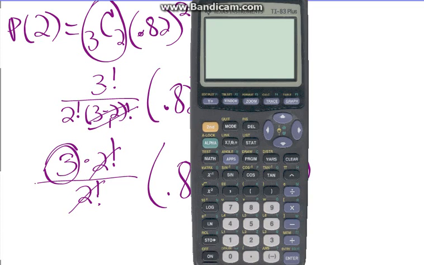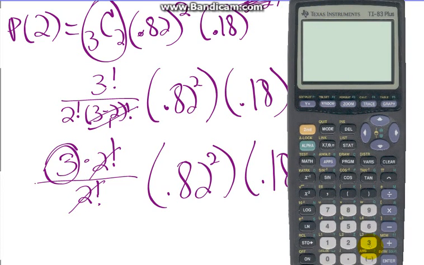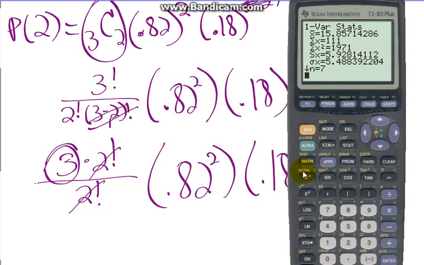And when you plug that into your calculator, turn it on first, clear it out. So we've got 3 times, open parenthesis, 0.82 squared, close parenthesis, times 0.18.